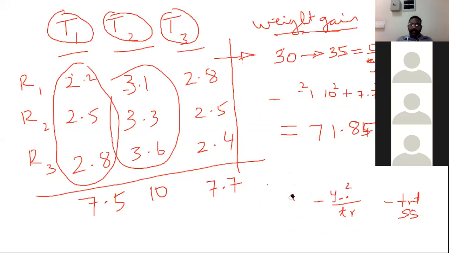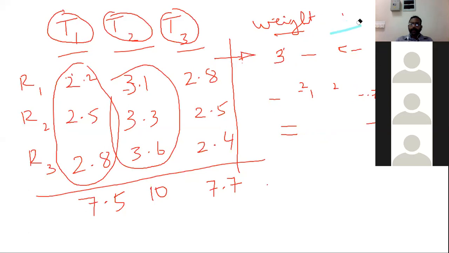How to calculate the correction factor? I need this table. That's why I'm doing all this children's work.